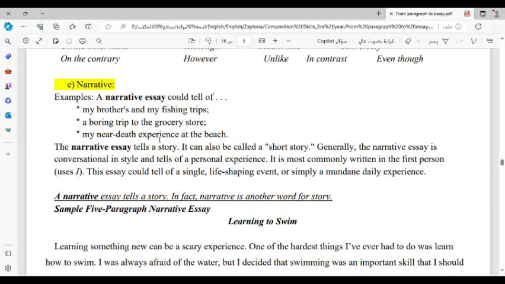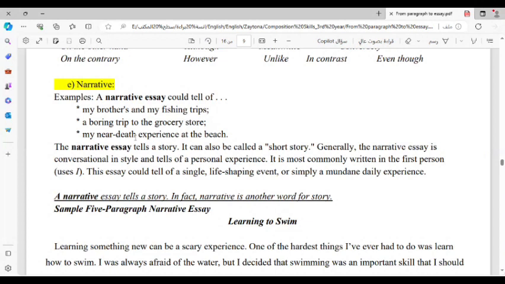So narrative, which means in Arabic سردية or قصصية, could tell of my brothers, for example, my fishing trips, a boring trip to the grocery store, my near-death experience at the beach. Those examples are just to narrate a story or tell a story.